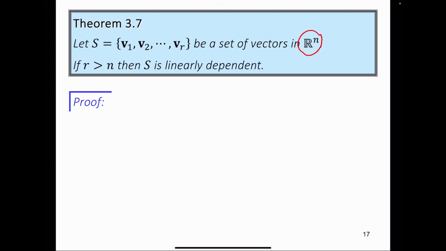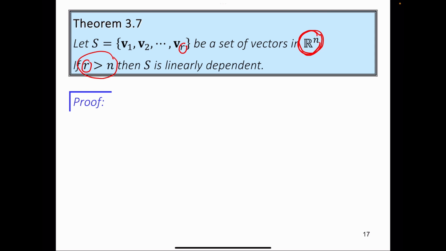So we have S consisting of R vectors. All vectors are in Rn. If the number of elements in S is R, and R is greater than N. What is N? N is the dimension of the vector space.